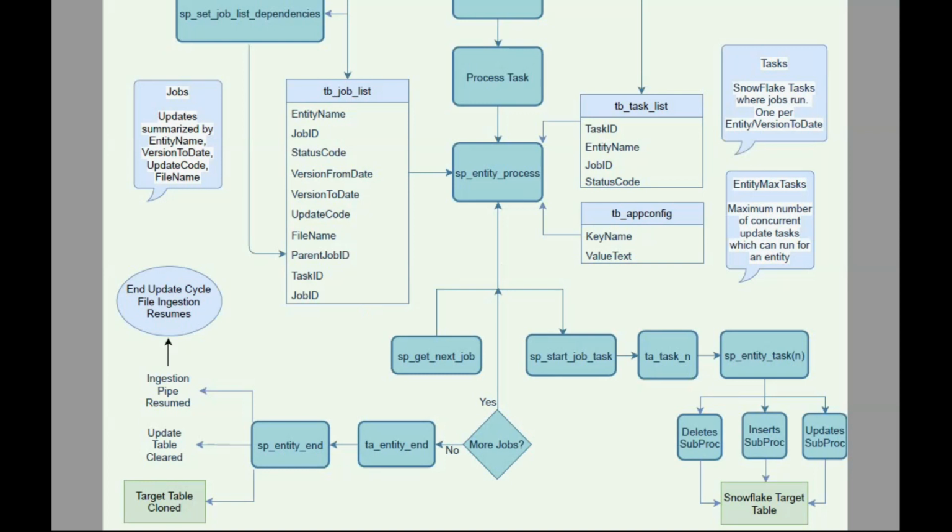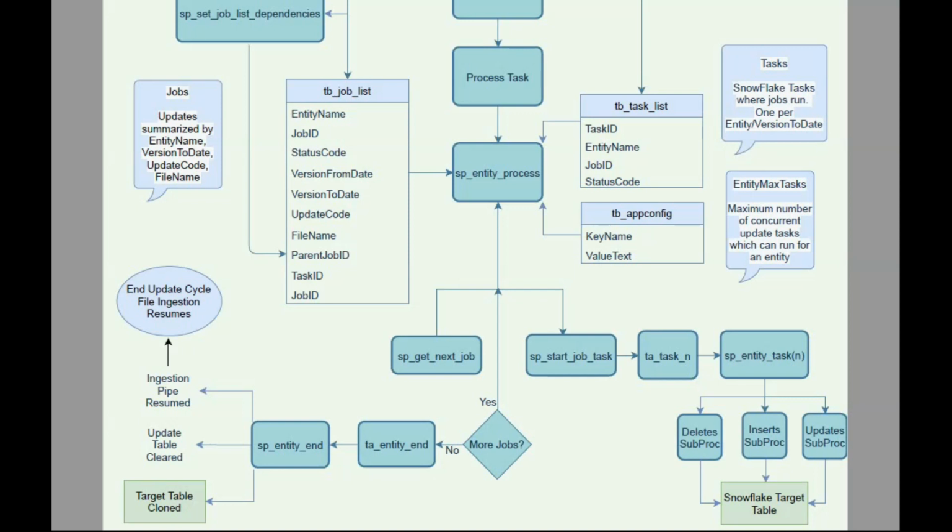If there is an available task, it gets marked as busy, and a Snowflake task is dynamically created and activated, which contains the task ID. When the task ID task executes, its handler is SP entity task, with the task ID as its input parameter.